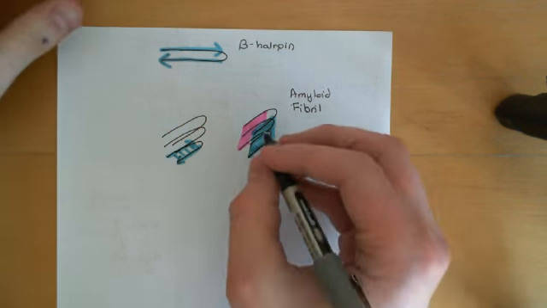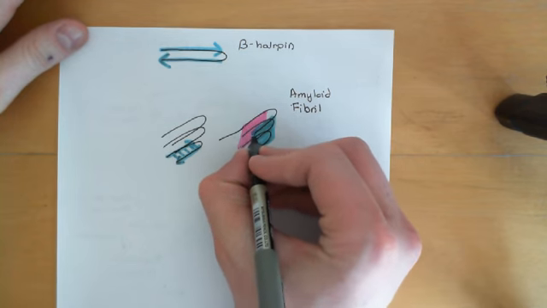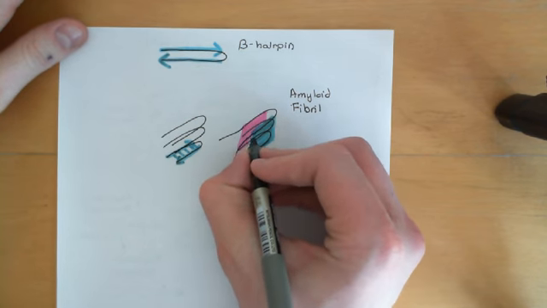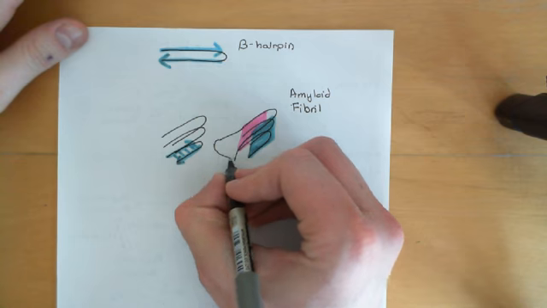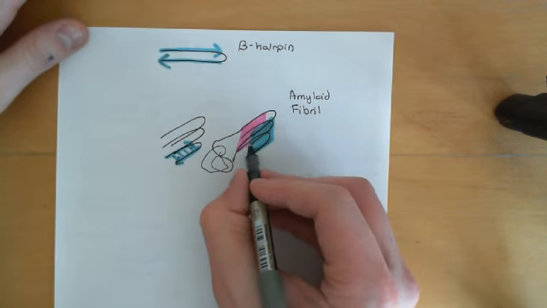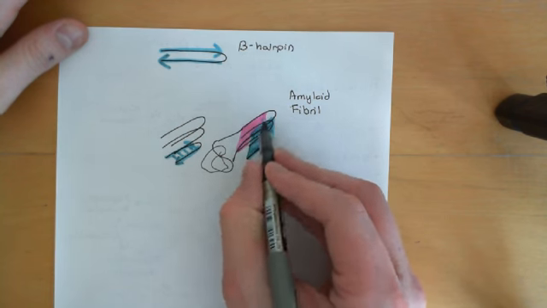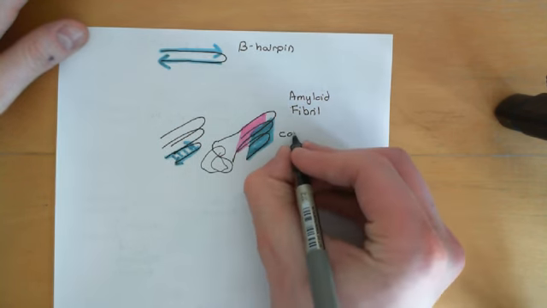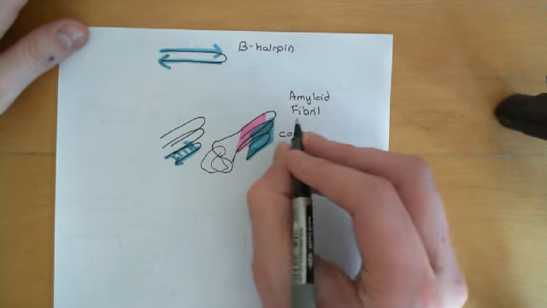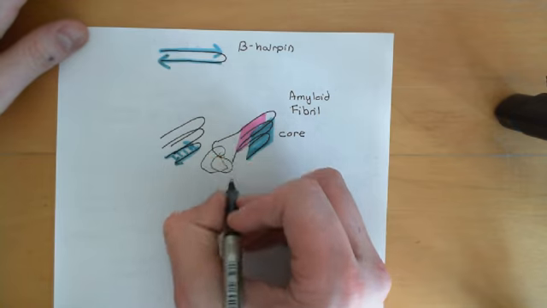Now, of course, the rest of the protein will be dangling off the side here. This is only one little part of the protein. The rest of it can be dangling off the side and can be folded however it wants. That means that off the side of the amyloid fibril core, which is this stack of beta hairpins, you're going to have all the rest of these portions of protein stuck off the side.